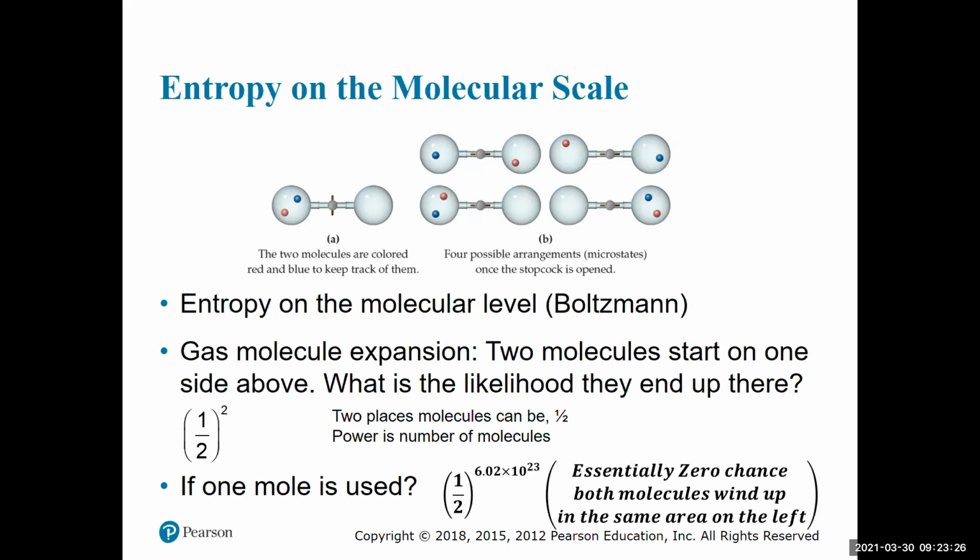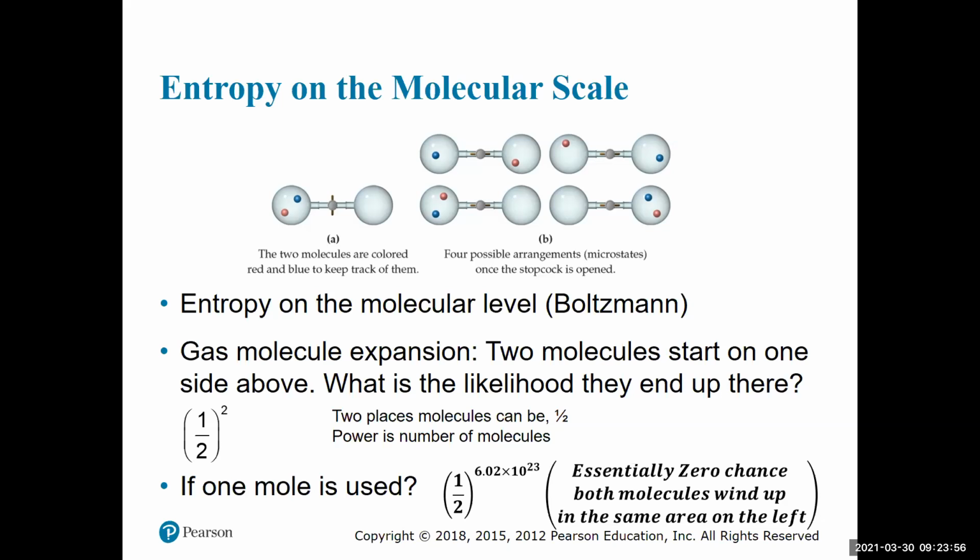There are 2 places the molecules can be, left or right side, and then the power is the number of molecules, and there are 2 of those. So simply, it's 1/2 squared. That's the odds of those 2 molecules being on the left, like you started out. Pretty simple calculation, pretty easy to understand.